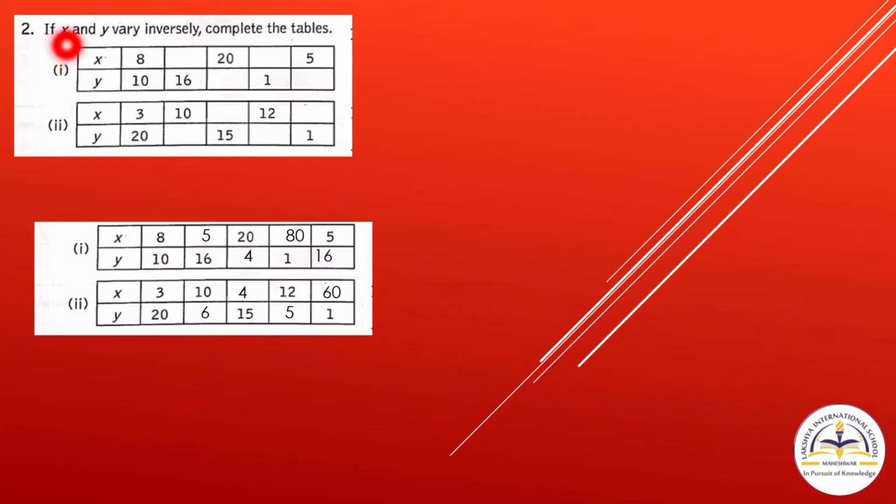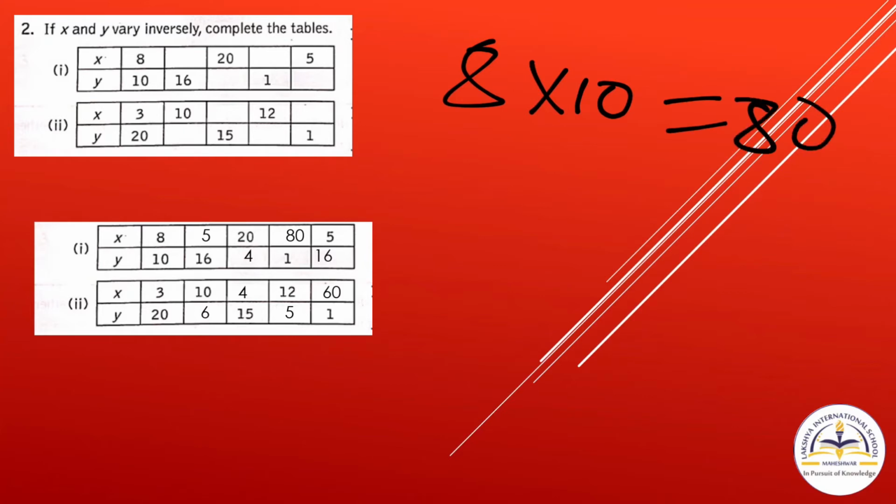Now question number 2. If x and y vary inversely, complete the tables. Since x and y vary inversely, we have to complete these tables. Question number 1, x and y: 8 and 10. 8 times 10 equals 80. These are in inverse variation.